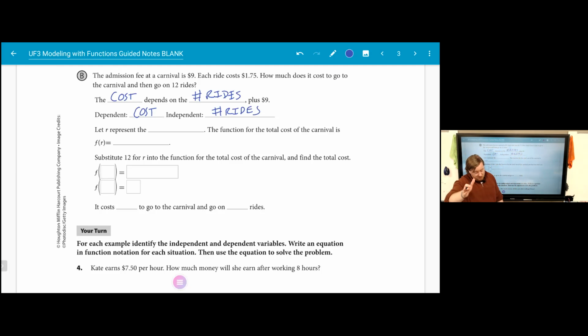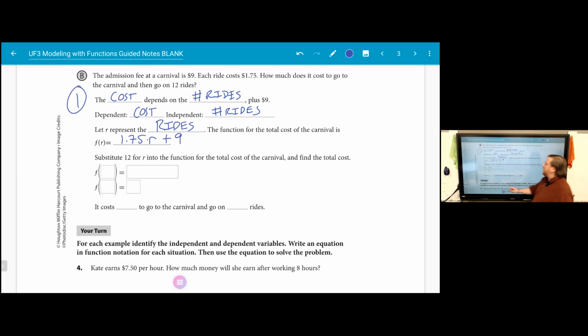We're going to, again, get real creative. We're going to call R and let that represent rides. The total function then, so again, this is our step 1. Our function f of r, our value of our function with r rides is, we do $1.75 per ride plus a $9 entry fee.